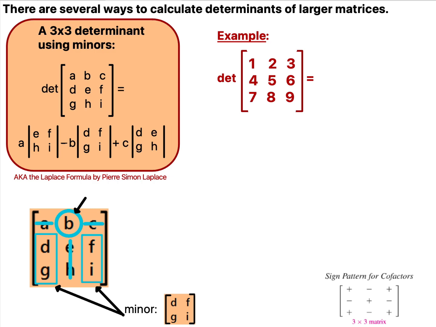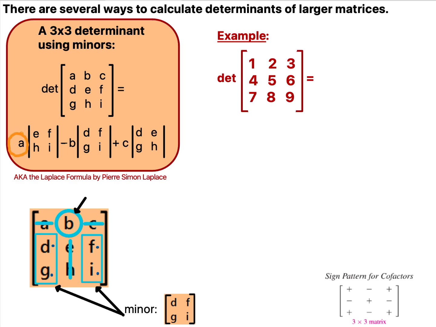And then we go minus, and we take this entry B times, and then, like it shows right here, we kind of ignore everything that's lined up with B, and we use the D, F, G, I as the minor that goes with the B. And then we move over to the C and take the sort of diagonal minor determinant away from that one, and we're going to add that one on.